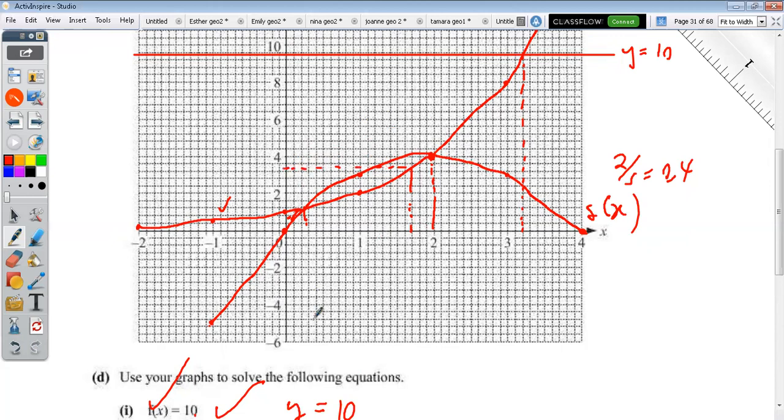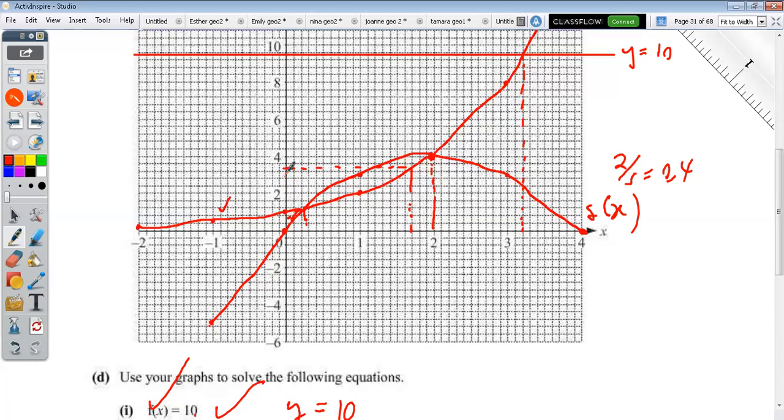So that value there is what? 2 here, 2.4, 2.8, 3.2, 3, correct? Where is 2 here? 1, 2, 3, 4, 5. So 2 here, 2.4, 2.8, 3.2.